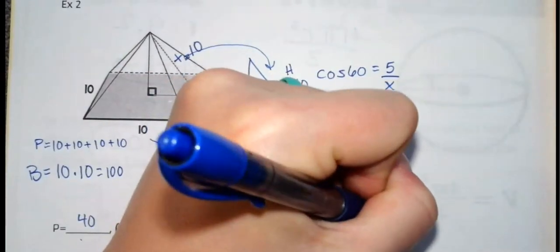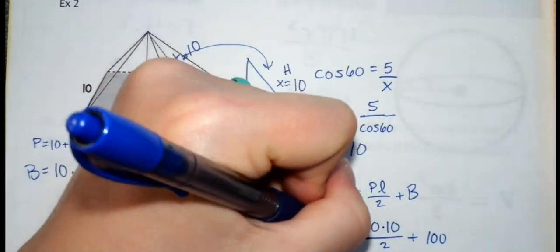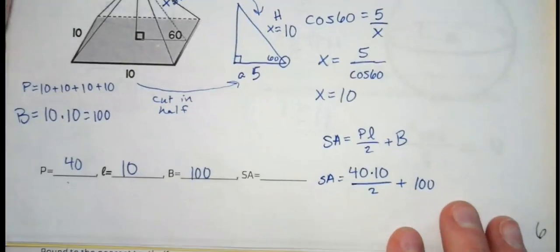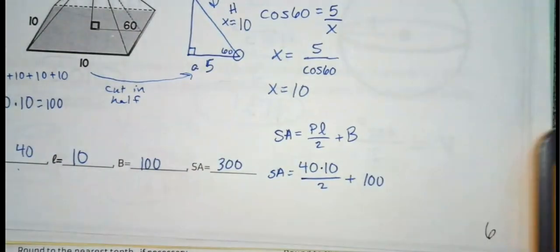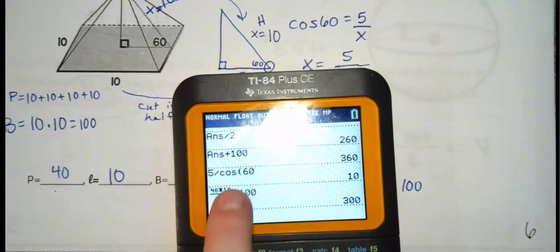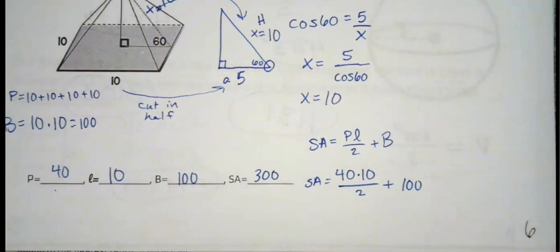So 40 times 10, which is my slant height, divided by 2 plus 100. So this is exactly what I'm going to type in the calculator. I don't really need to split it up. All right, and then the surface area is going to be 300 when you plug it into your calculator, because this part is 200, and then add 100 to that. All right, let's go to the next page.